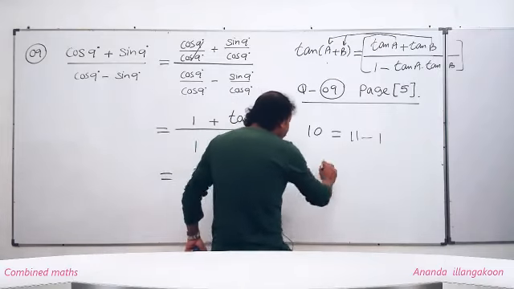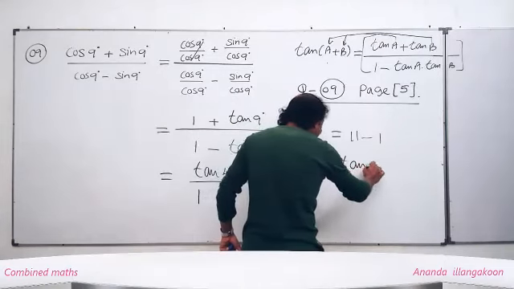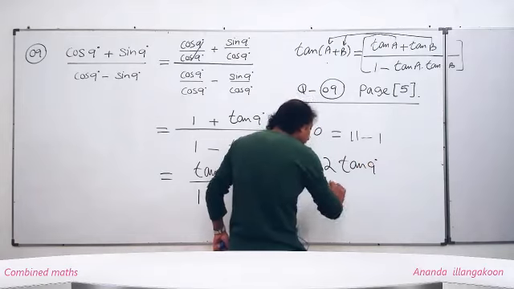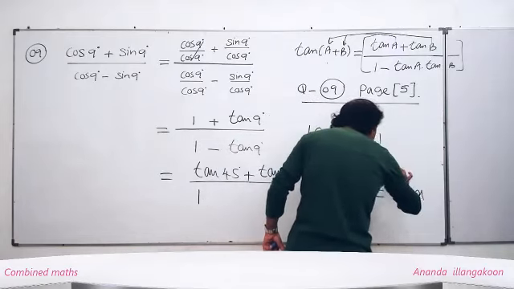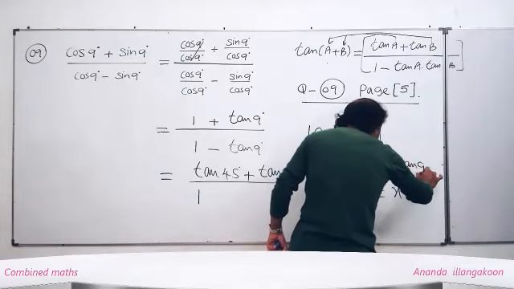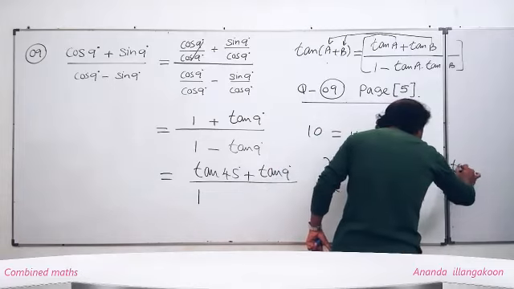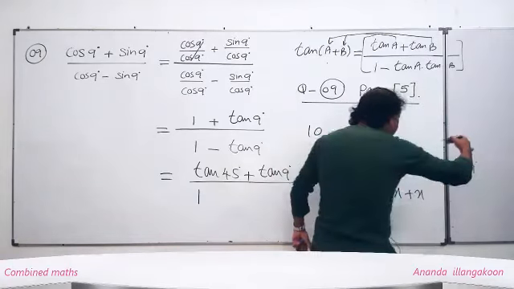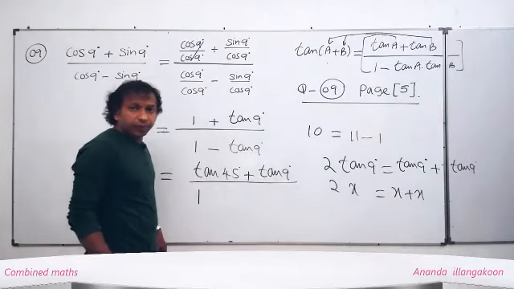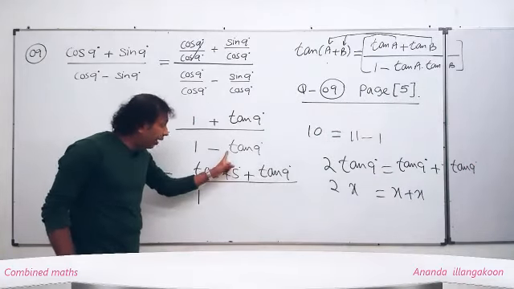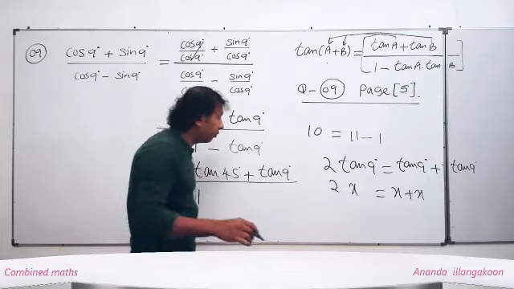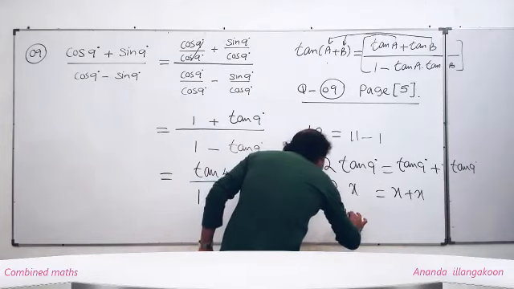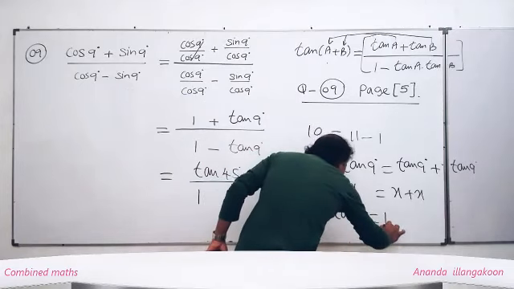But you know here, tan 9. When you have 2 times tan 9, what is really the meaning of this? This is like 2x, no? 2x means x plus x. Then 2 tan 9 is nothing but tan 9 plus tan 9. But here we have tan 9. What do you mean by this tan 9? It is really 1 times tan 9.